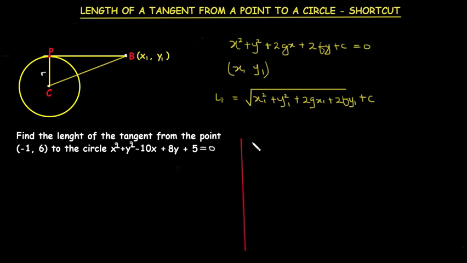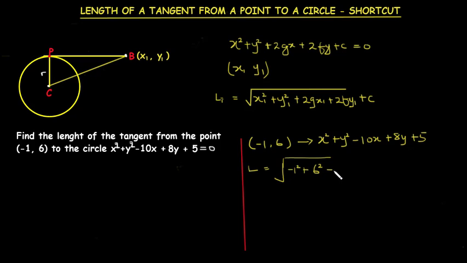So now what we have to do is to substitute the point -1, 6 into the given circle x squared plus y squared minus 10x plus 8y plus 5. So we have the length as the square root of -1 squared plus 6 squared minus 10 into bracket -1 plus 8 into bracket 6 plus 5.